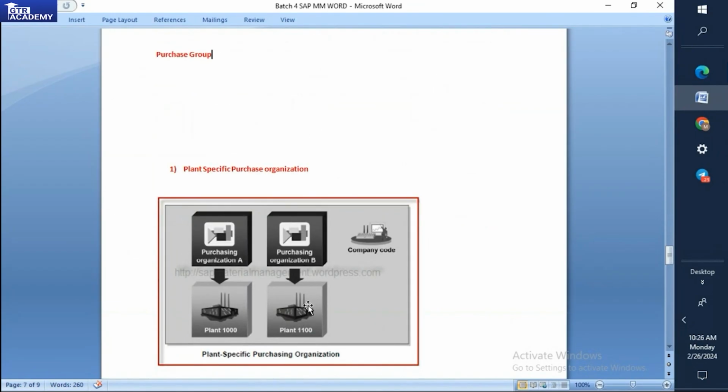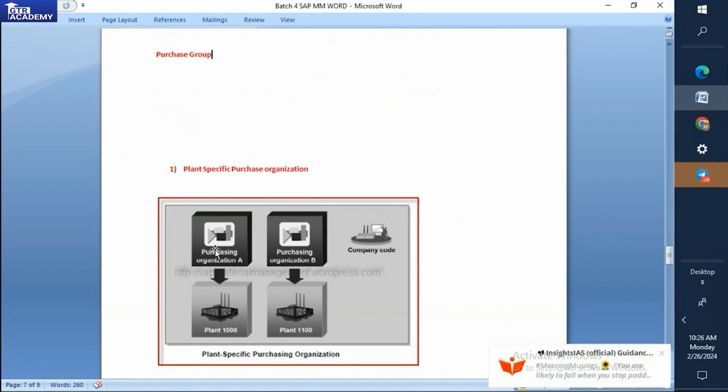For each plant, there will be a separate purchasing organization. So the purchase organization is assigned to a specific plant. Only this specific plant can purchase through this purchase organization.